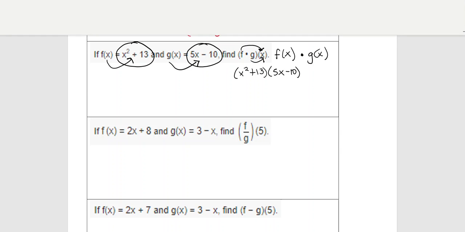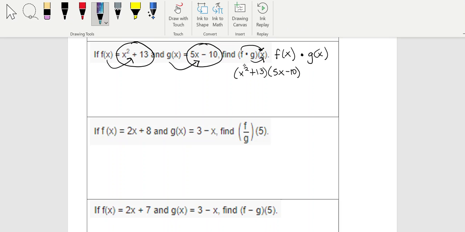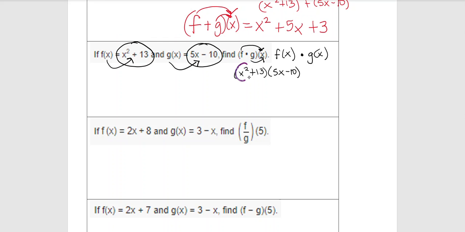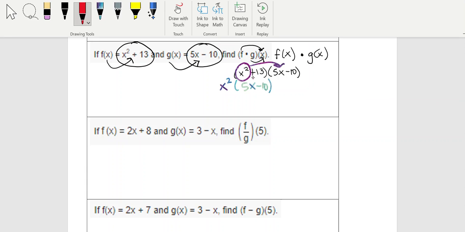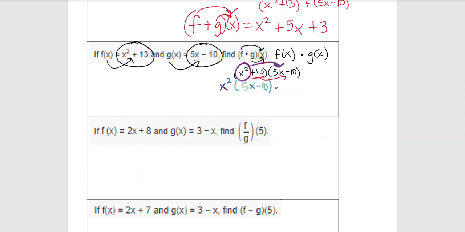And to do that, I'm going to have to use what we know about the distributive property with a binomial times a binomial. I need to multiply x squared times everything over here, x squared times 5x minus 10, and I need to multiply the positive 13 times everything over here, positive 13 times 5x minus 10.